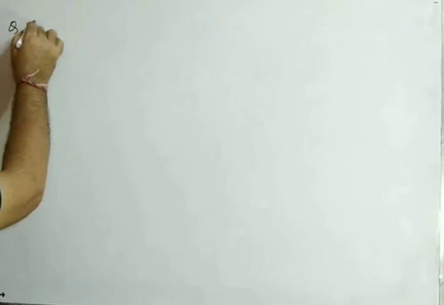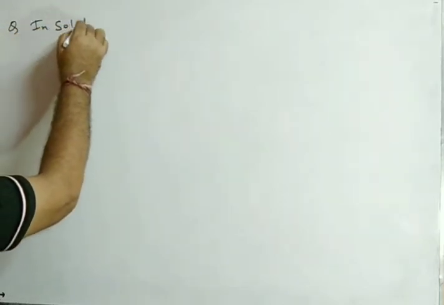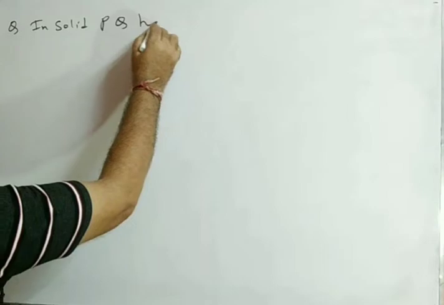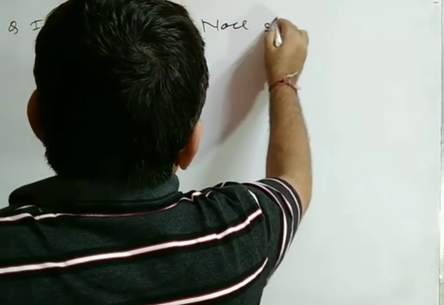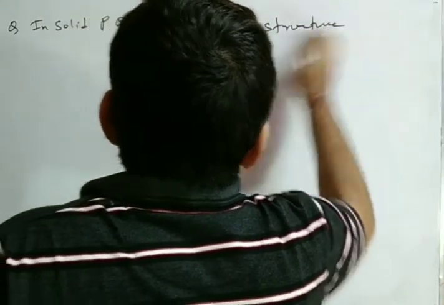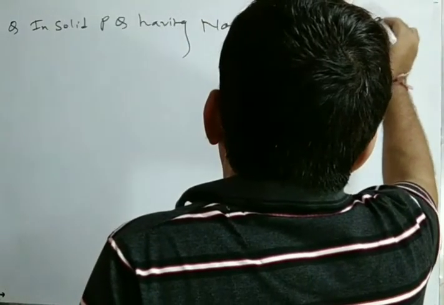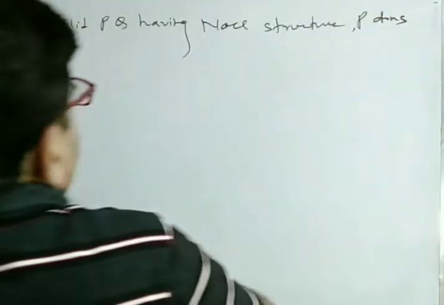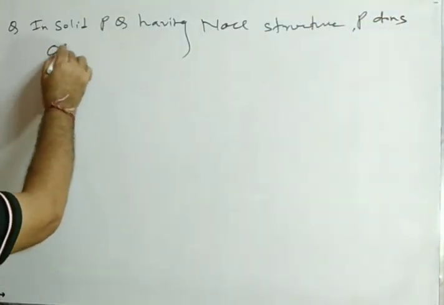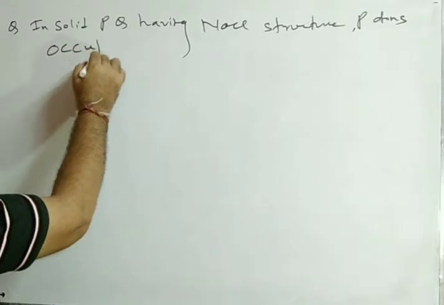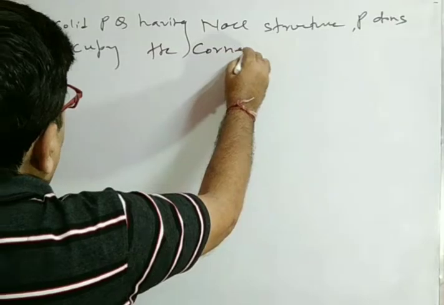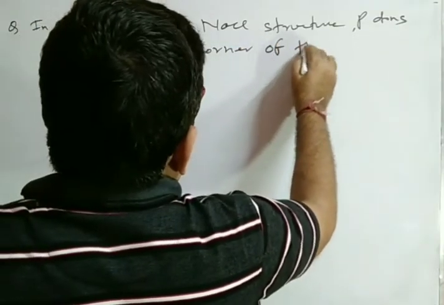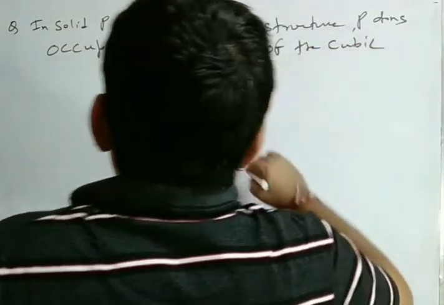Our next problem is: in solid PQ having NaCl structure, P atoms occupy the corners of the cubic unit cell.